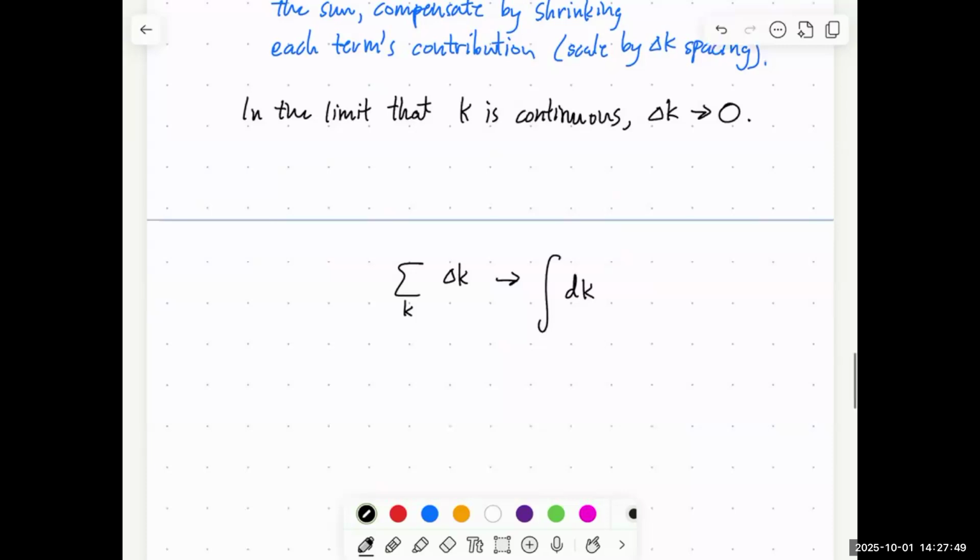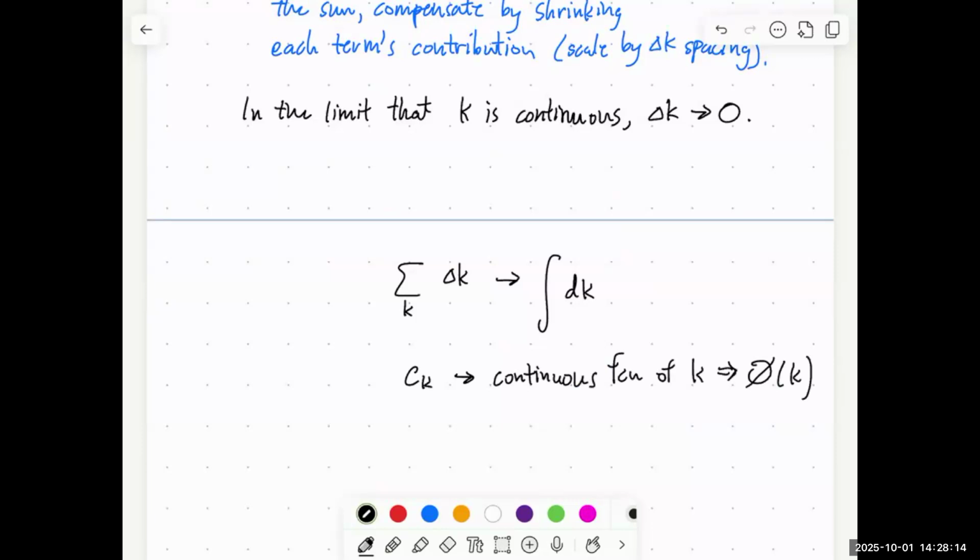And c_k is going to go to not just a coefficient of a single stationary state, but some continuous function of k. I'm going to call it phi of k, just to match Griffiths' notation.